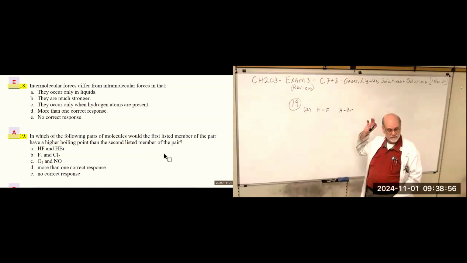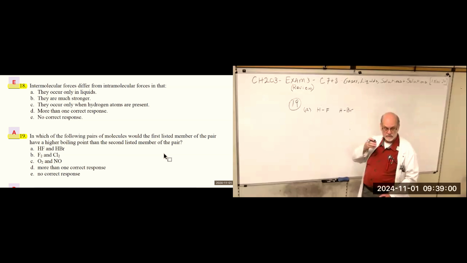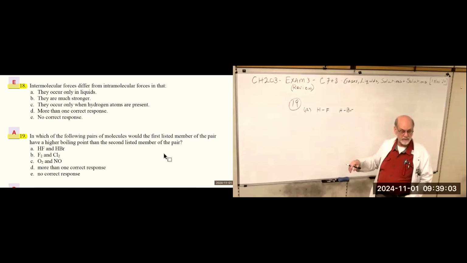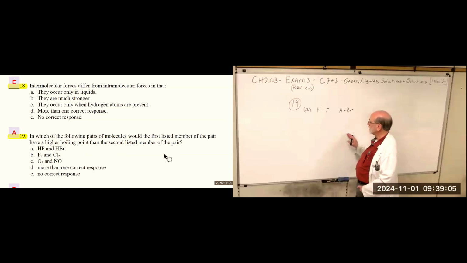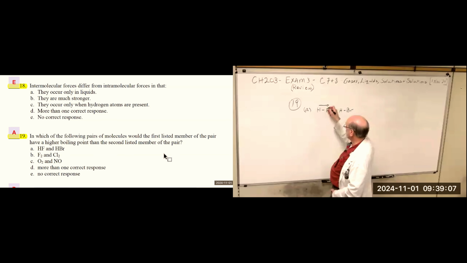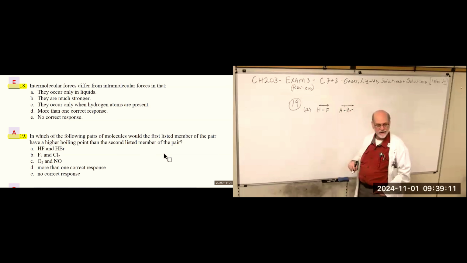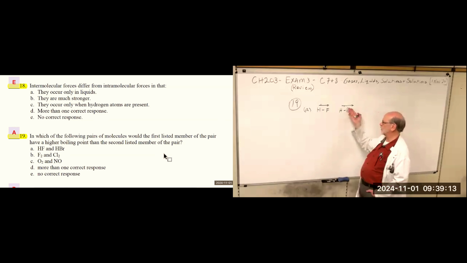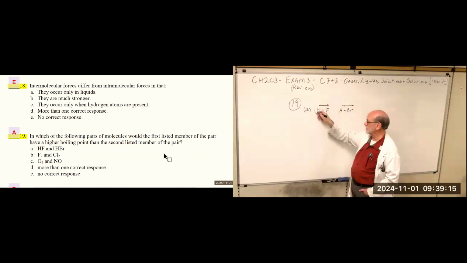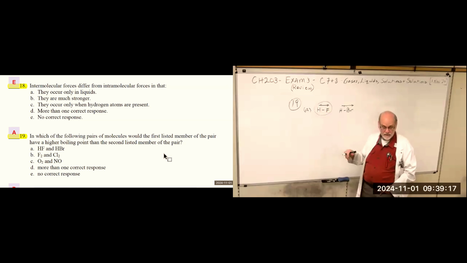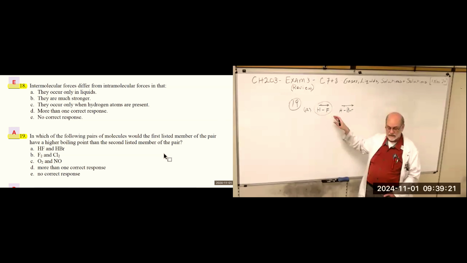We want to look at the strength of the dipole for these molecules, right? Which one has a stronger dipole? Well, they're both going to be dipoles that way. But which one should have the bigger arrow? I drew that one bigger, but actually this one is. Why? Because fluorine has a larger electronegativity, and they're both bound to hydrogen.